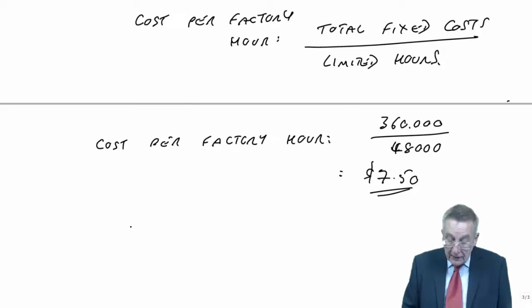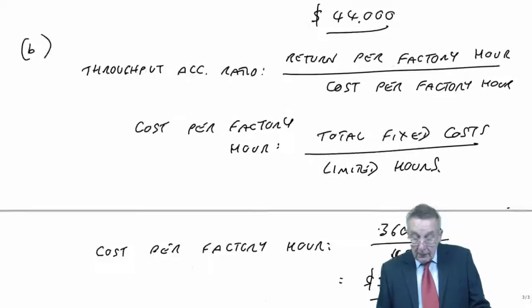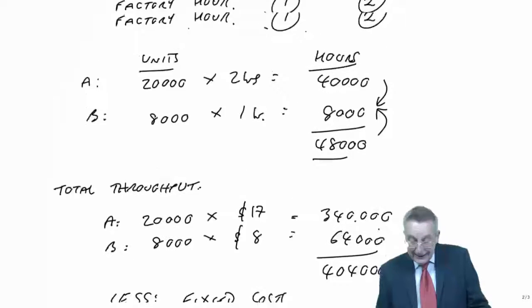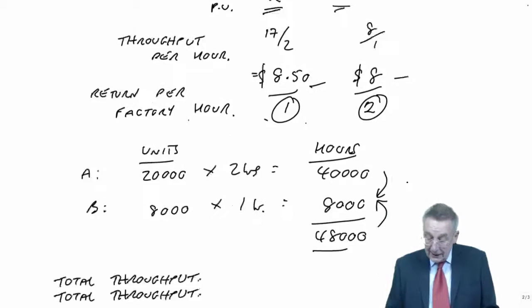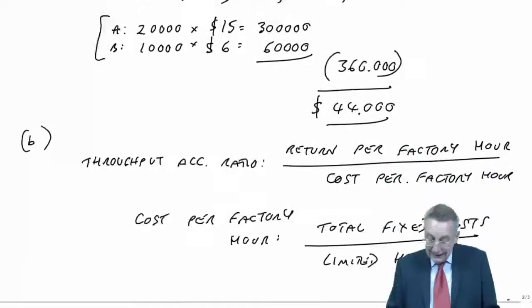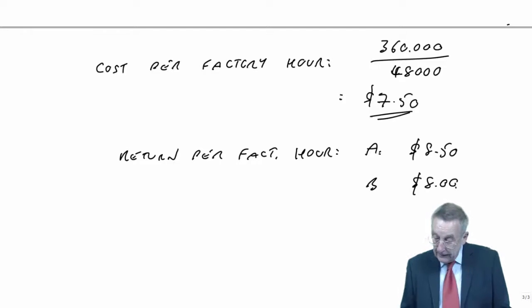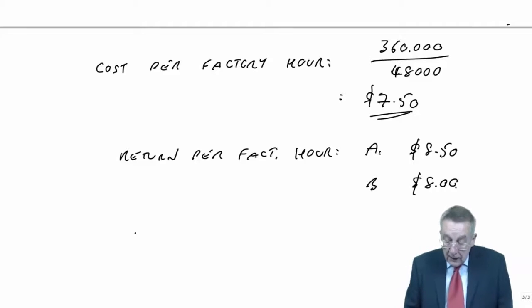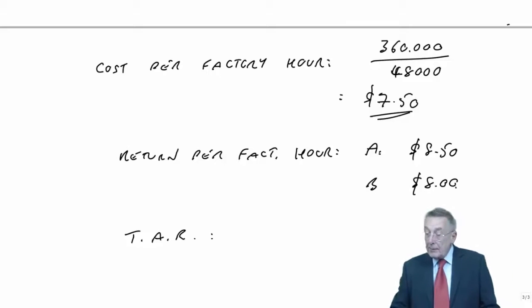We already know the return per factory hour, or the throughput per hour. Let me check the figures. A was $8.50, B was 8. And therefore, the throughput accounting ratio, we work out for each product separately.